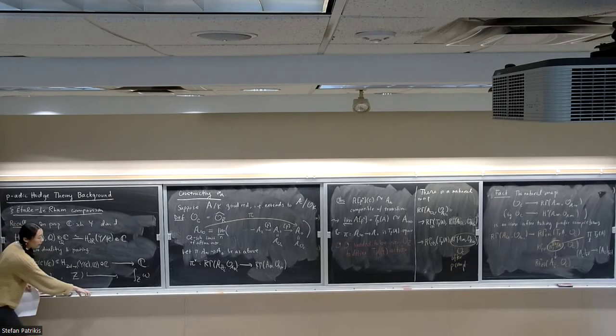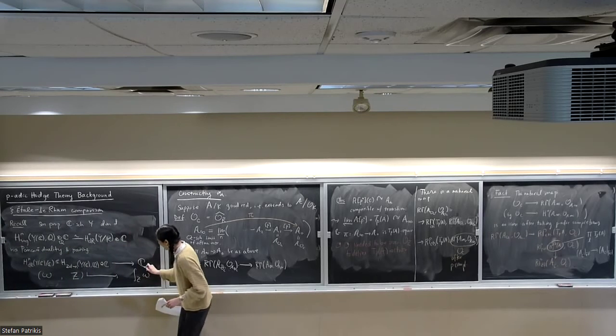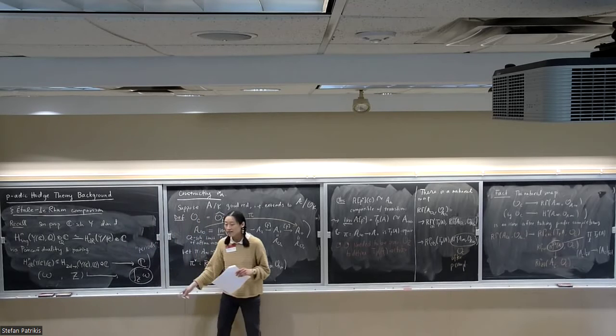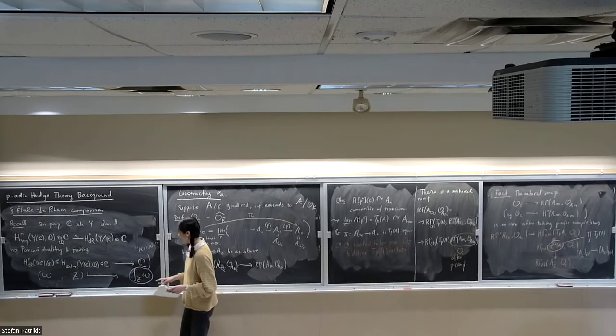And these numbers that you get out are often called periods. I think Elong mentioned this in the case of an elliptic curve this morning.